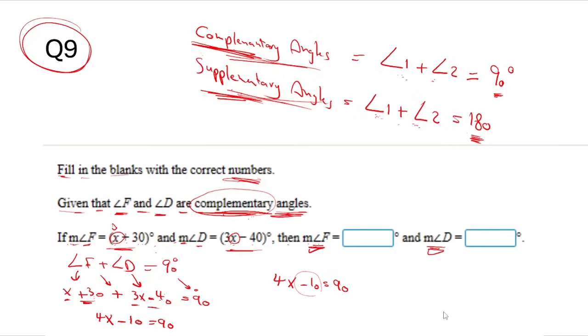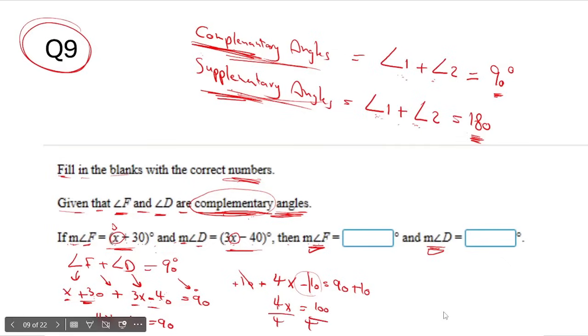To remove this one, I have to add plus 10 here and plus 10 here. This one will cancel. So 4x will equal 100. To get x, divide by 4, divide by 4. So this will be 25, so x will be 25 degrees.